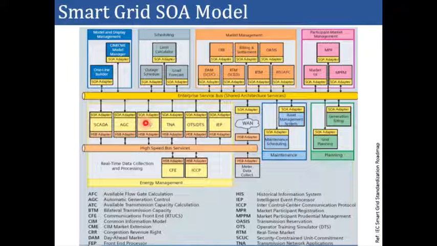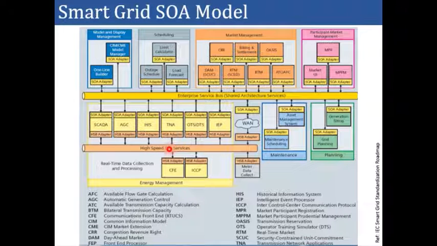Then the information is processed and shared with the enterprise service bus. Now, the enterprise service bus is similar to the high speed service bus. The only change is that the high speed service bus is mainly supplying information to the OT, operational technology, applications, and the data sharing is very fast.